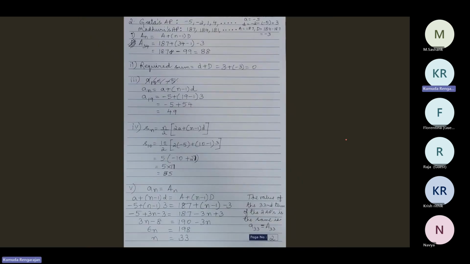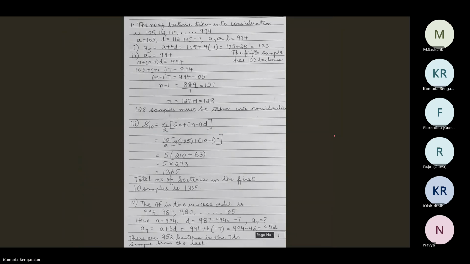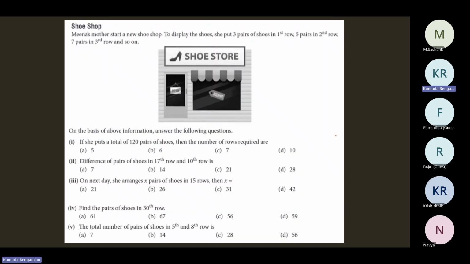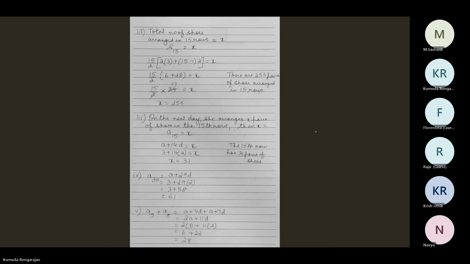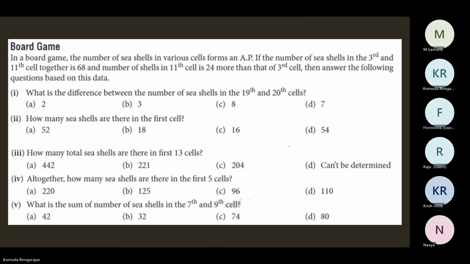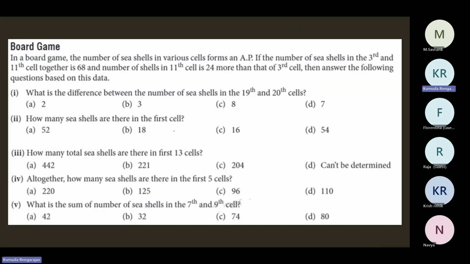Here also I noticed a few questions. I'd given 2 answers for one particular question. See, when it comes to the difference, the question here: what is the difference between the number of seashells in the 19th and 20th cells?